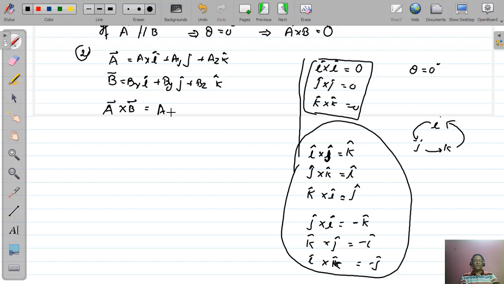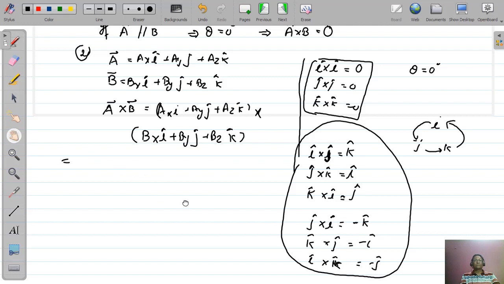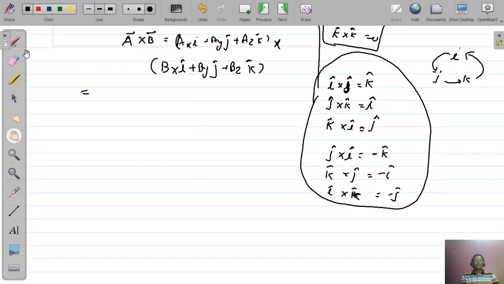Now we write (ax i plus ay j plus az k) cross (bx i plus by j plus bz k). It is equal to, take the product of ax i with these three terms.